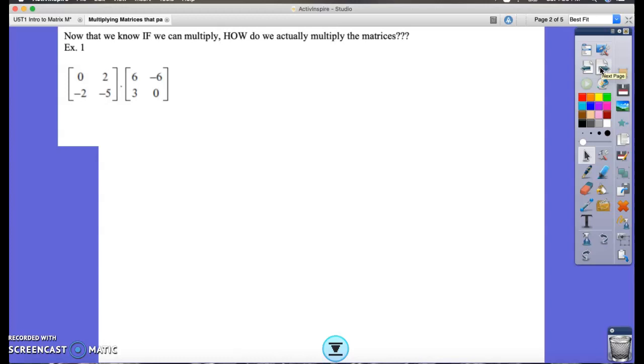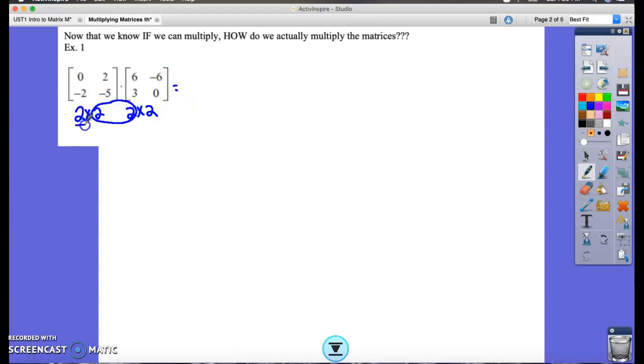All right, now that we know if we can multiply, how do we actually multiply the matrices? I have an example here, and I stuck with a square matrix because I love square matrices. They just make my life nice and easy. This first one is a 2 by 2 matrix, and the second is a 2 by 2 matrix, which means their ultimate answer will be nice and compatible.